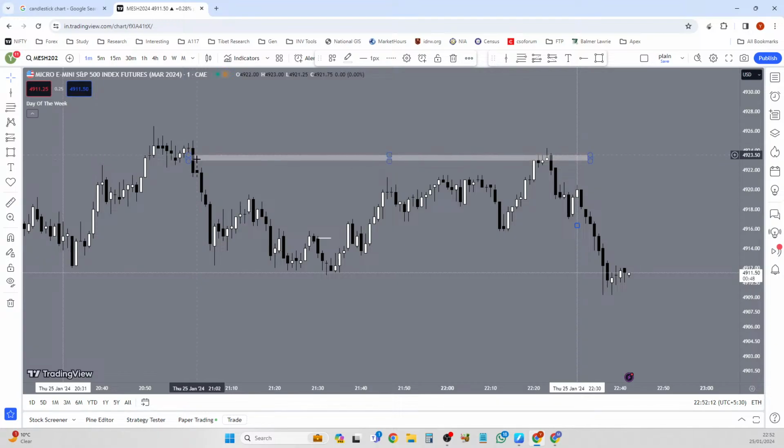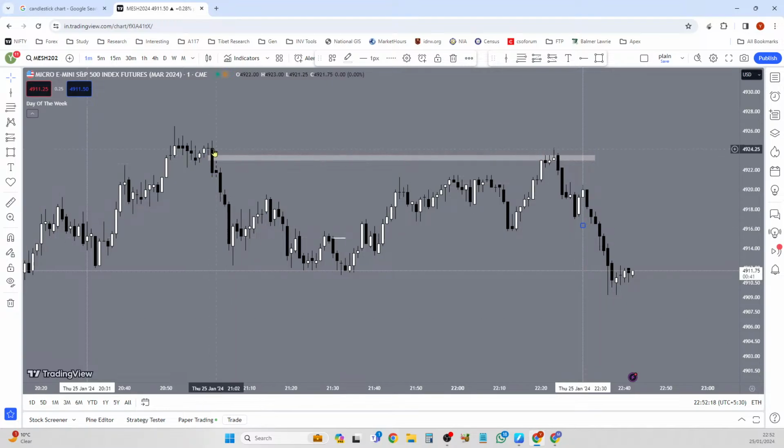Now, I have not introduced why I have marked this portion over here, but those who are aware know I call it a fair value gap. And this is a bearish fair value gap. I wouldn't have been able to see this if I was not on the 1 minute chart. This fair value gap is only visible on this 1 minute chart.